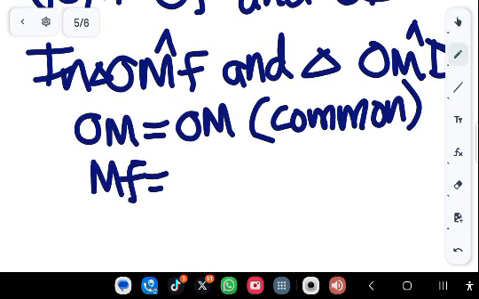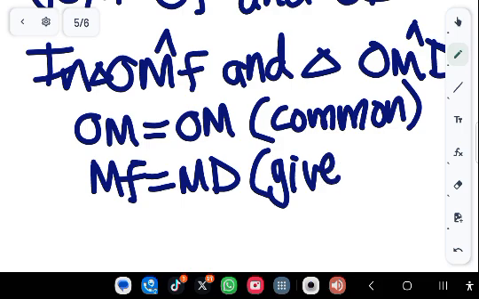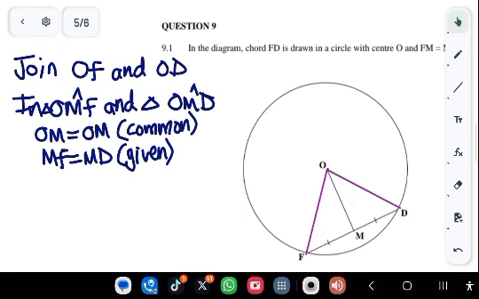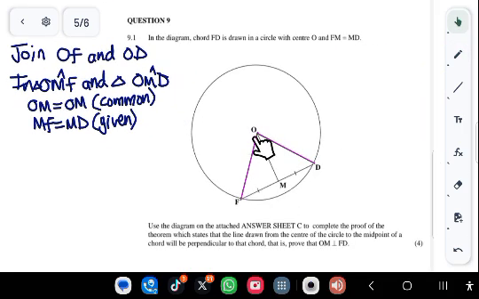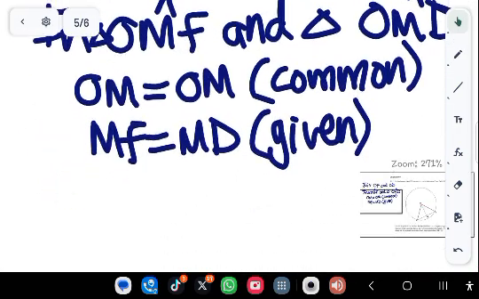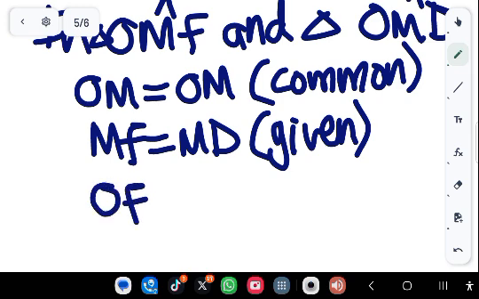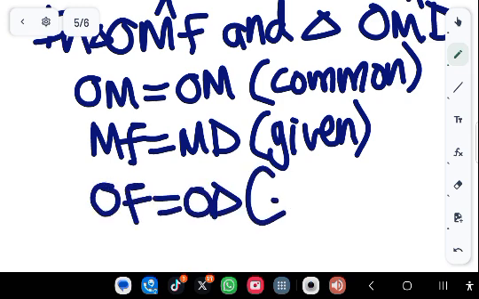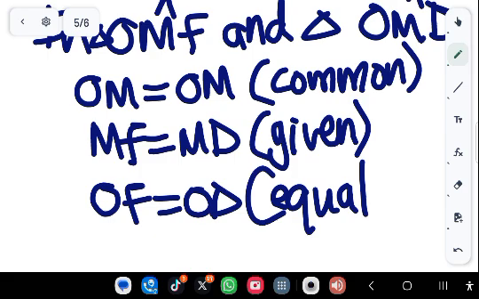Side MF equals side MD, and that is given. And now OF equals OD, equal radii.